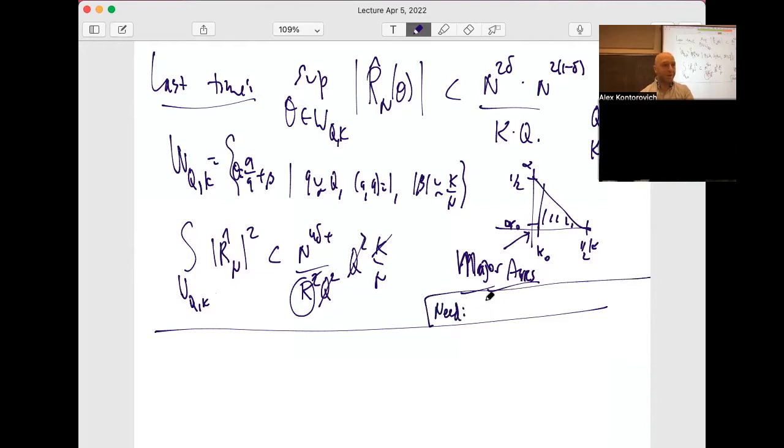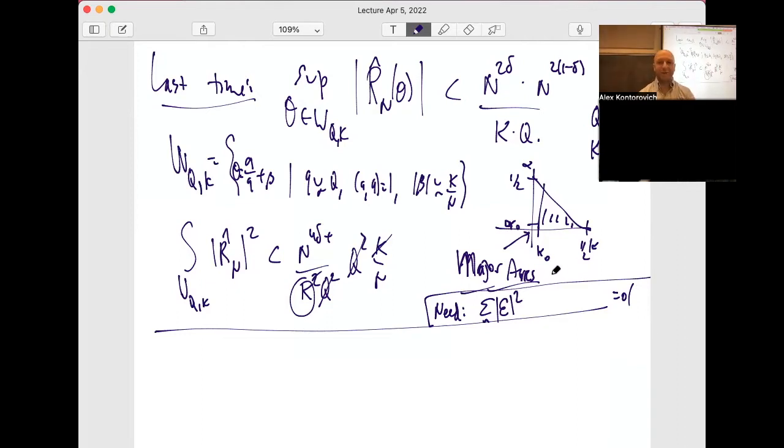For the density 1 theorem, what we need is that the sum of the error terms squared over n is little o of what the main term is on average. So the individual main terms are n to the 2 delta. So if I square that, I have n to the 4 delta, minus, so in other words, n to the 2 delta over n is the main term.